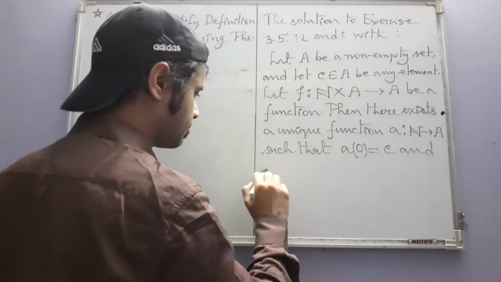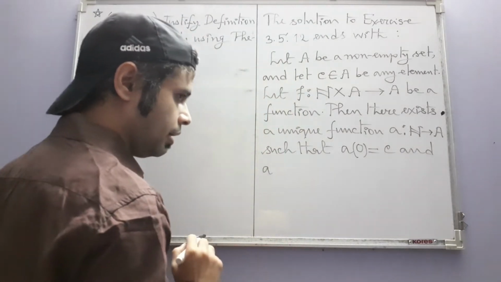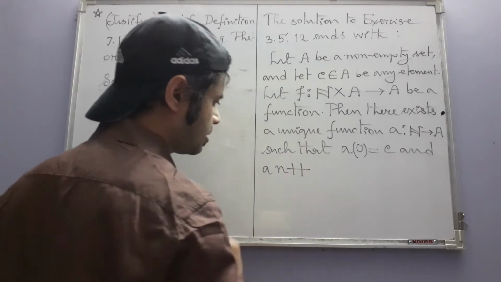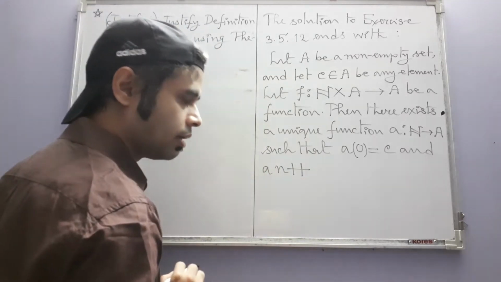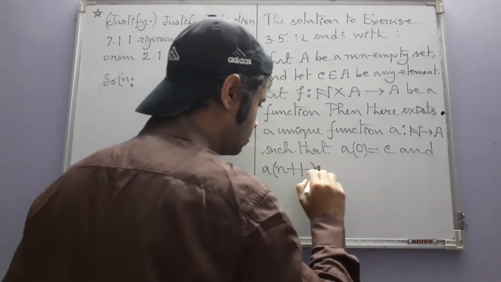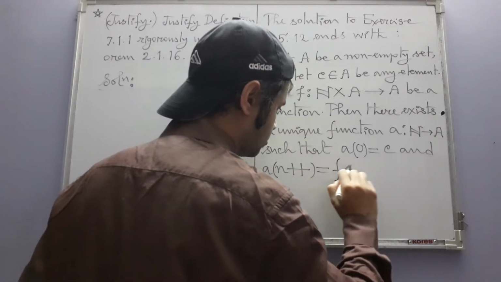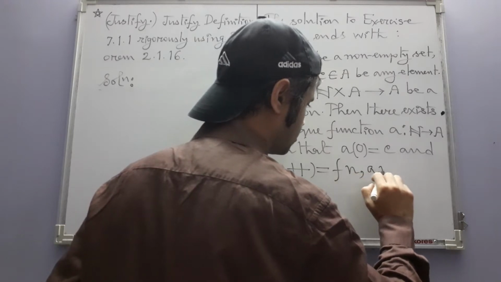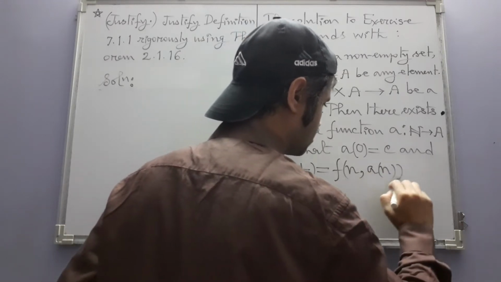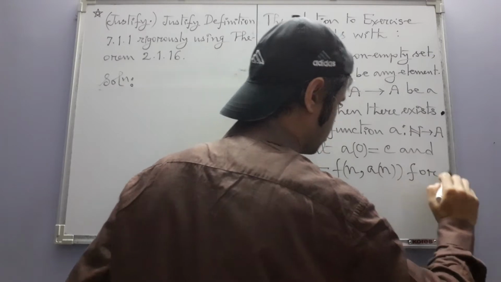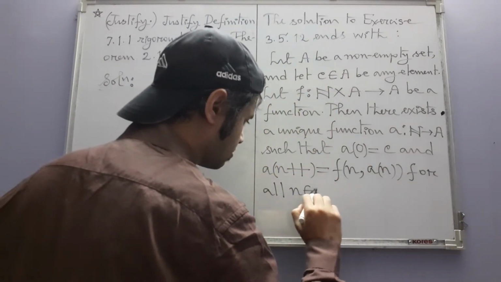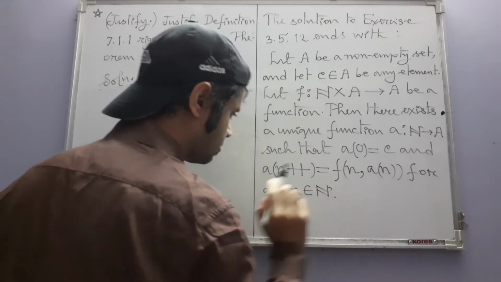and the value of a at the successor of the natural number n is equal to f of n comma a of n for all natural numbers n.